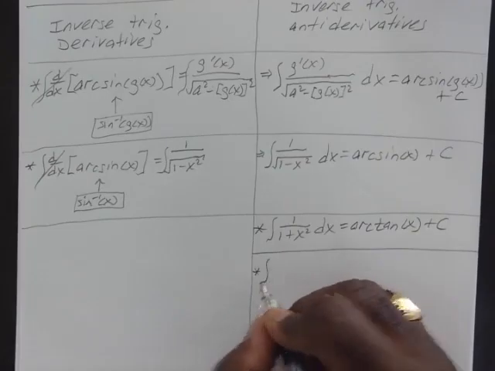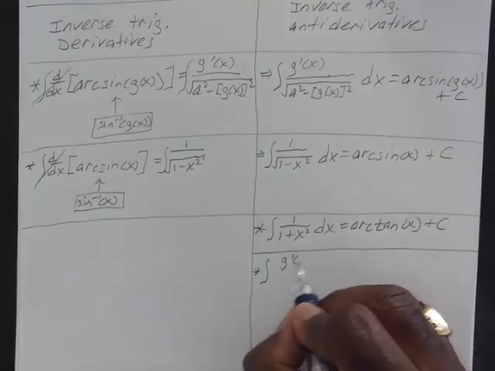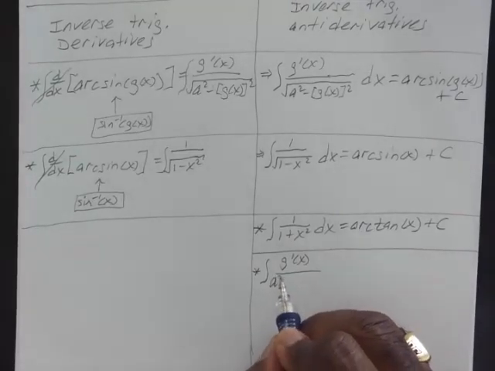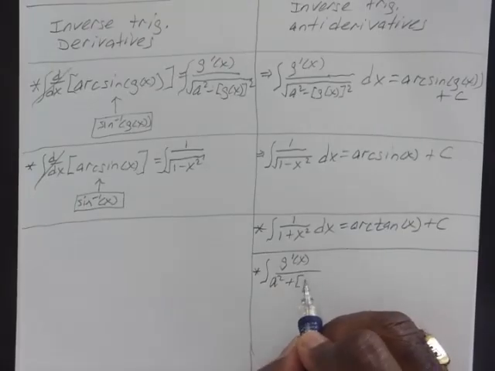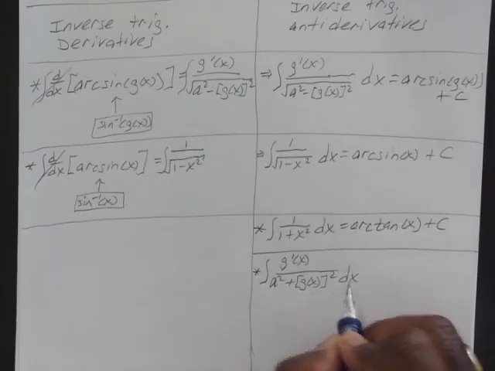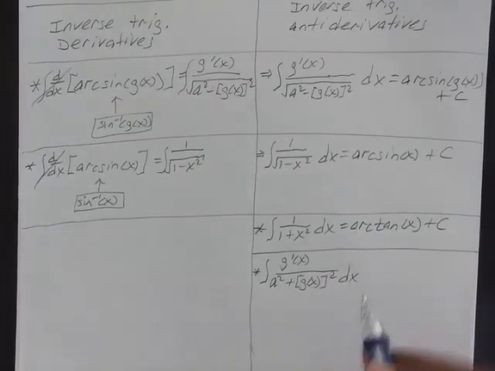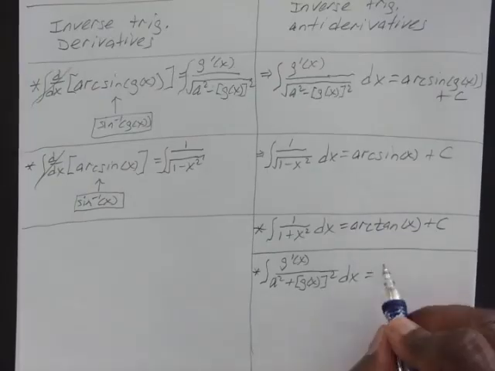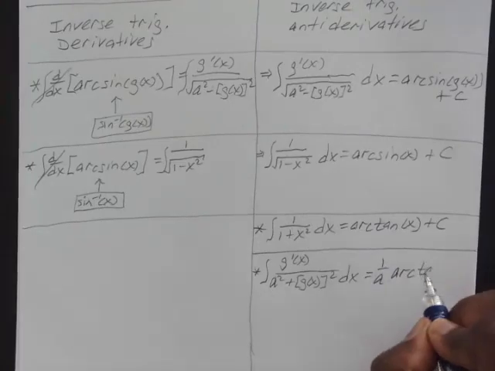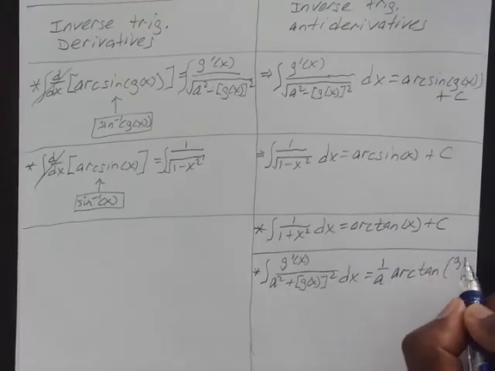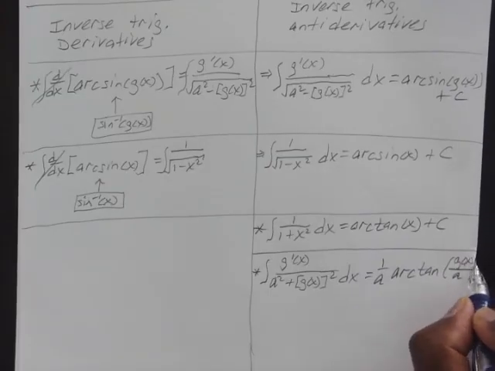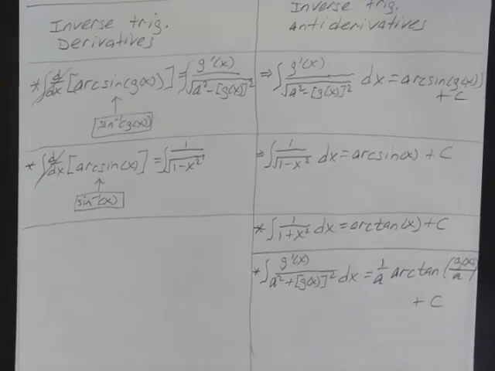Same thing if we had the antiderivative of g prime of x divided by a squared plus g of x squared with respect to x. This would be 1 over a times arctangent of g of x divided by a plus c.